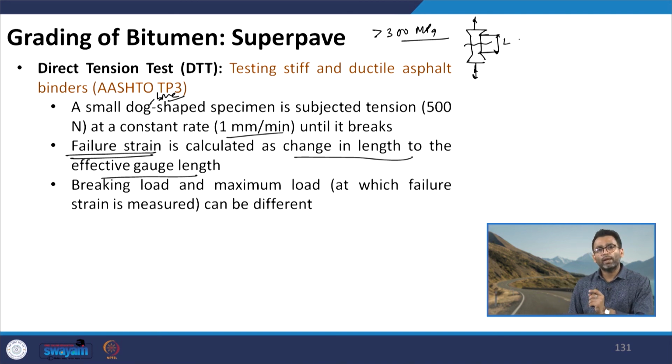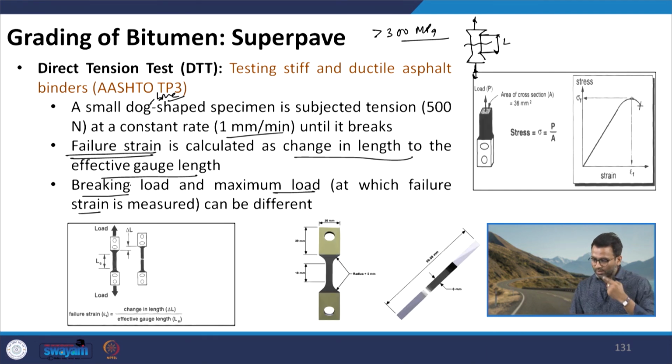It has to be again noted that here we are trying to see the maximum stress in the material at which we are measuring the failure strain. So, this maximum load may not be similar to the actual breaking load. The breaking load may be higher than the load at which the stress is maximum, alright. These again are a few pictures.